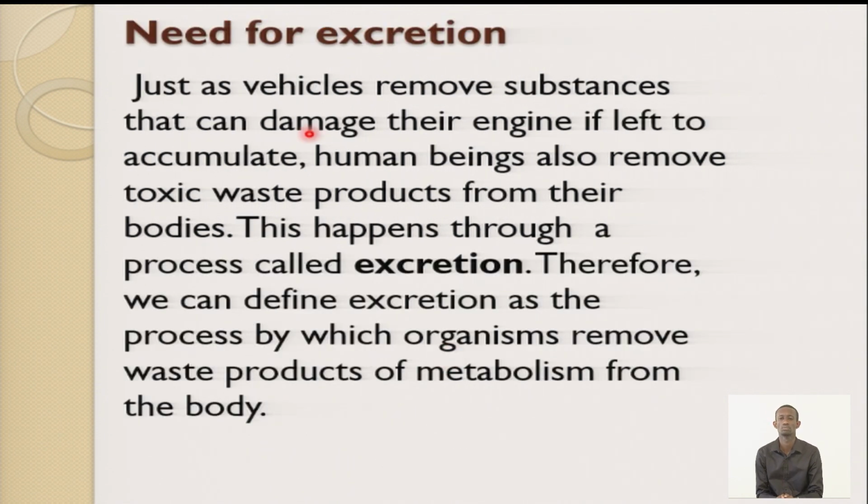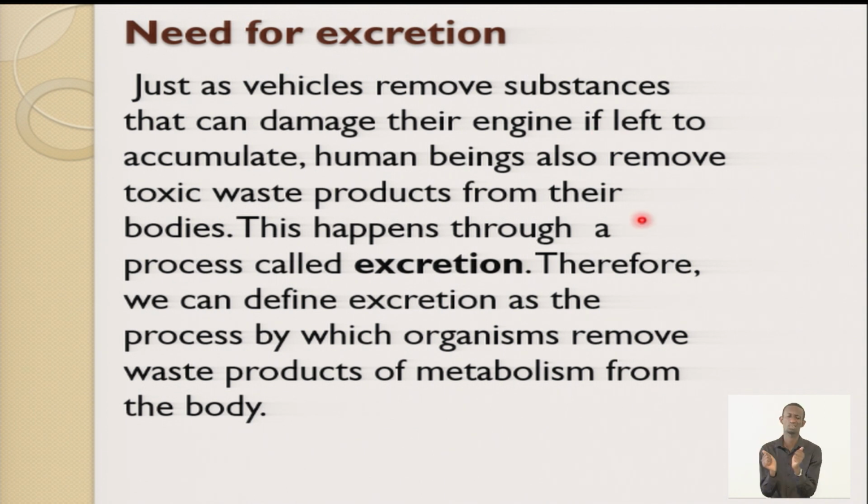Just as a vehicle removes waste products that can damage its engine if they accumulate, the human being also has to remove these waste products from the body, because they affect the body metabolism.